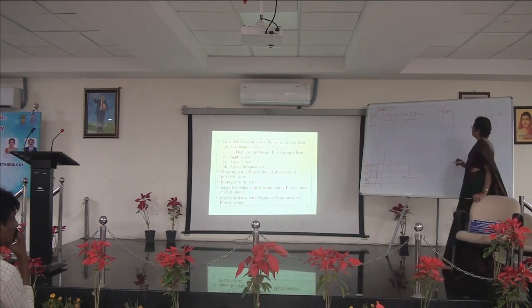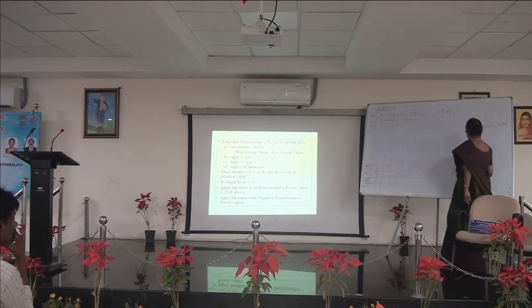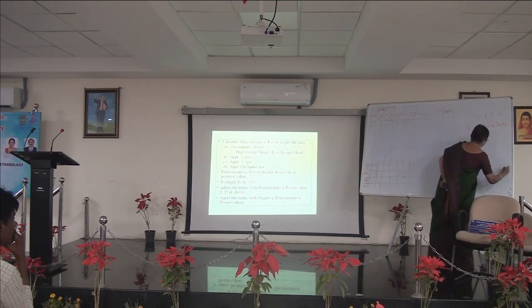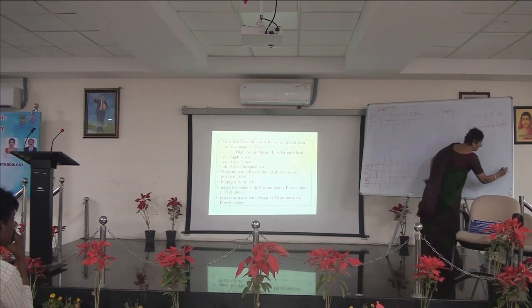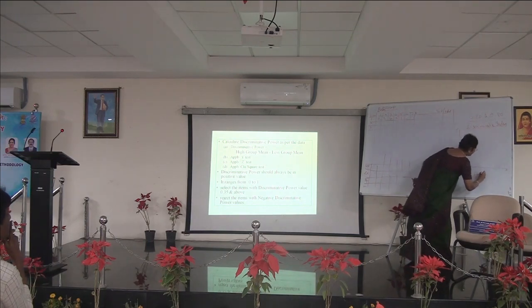Now, if it is an achievement test, draw the discriminative index graph. In this graph, you take DP value on one axis and DV value on the other.